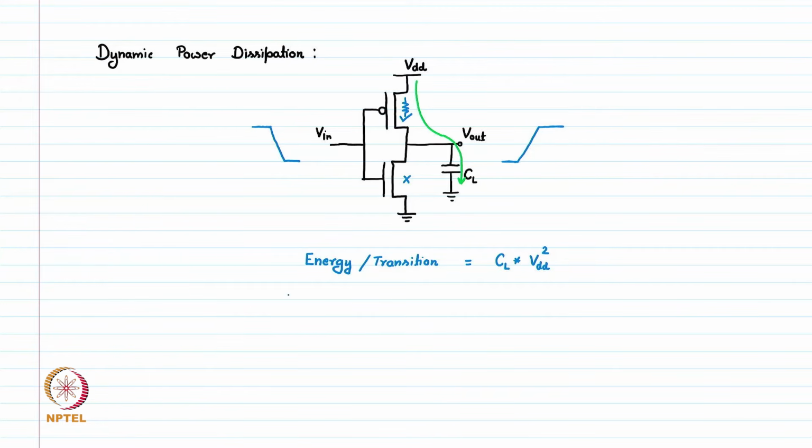And the power we can write as energy per transition multiplied by the frequency of operation, that is F, which comes out equal to CL into VDD square into F. This is a very standard formula for power dissipation in the dynamic case, CV square F.